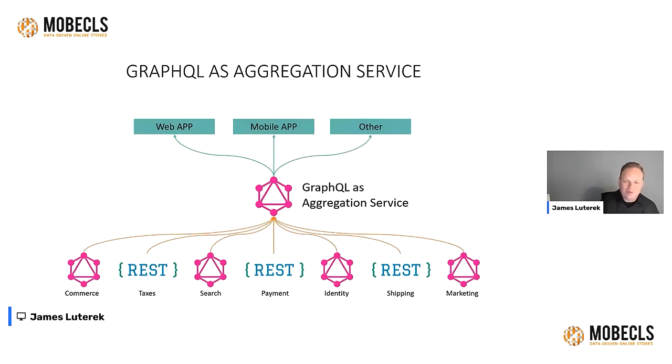And GraphQL can help with merging all of those services into one single endpoint to then serve up to all your different customer experiences, to your website, to your mobile application, and more. And GraphQL is designed to do this by default to the point where this aggregation service, this GraphQL server, can actually merge different data points and find the connections within them, even if they're coming from different sources.